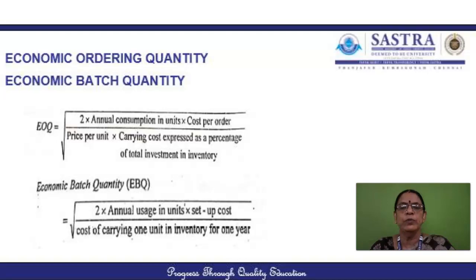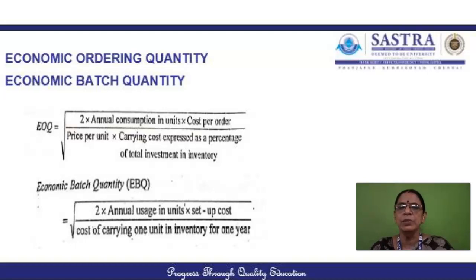Now the EOQ formula is square root of 2AO divided by I. Square root of 2 into 75, ordering cost, into consumption units 12,000, divided by 20%, the carrying cost per annum, which is 20% of 1 rupee. We will get 3,000 units.